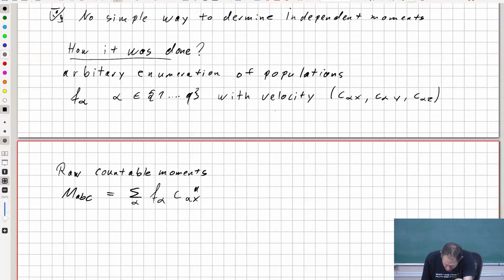I wrote it C, but C is stupid because I use C already, so I'll use E, sorry, for this confusion. So these are the velocities, I write them with E: E_alpha x to the power of a, E_alpha y to the power of b, E_alpha z to the power of c.